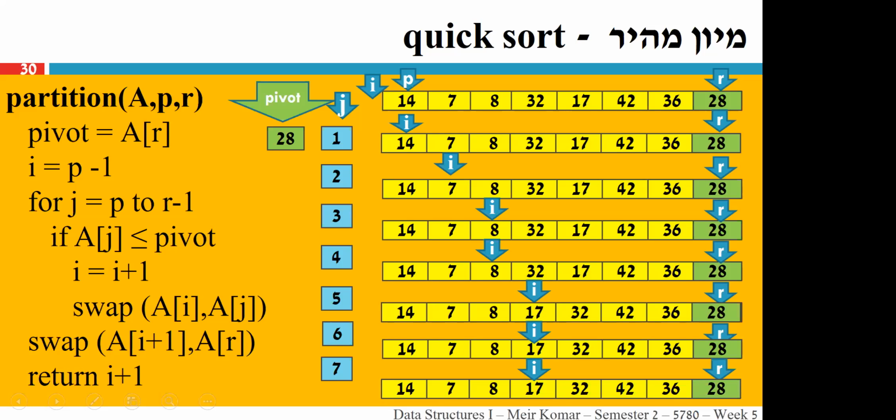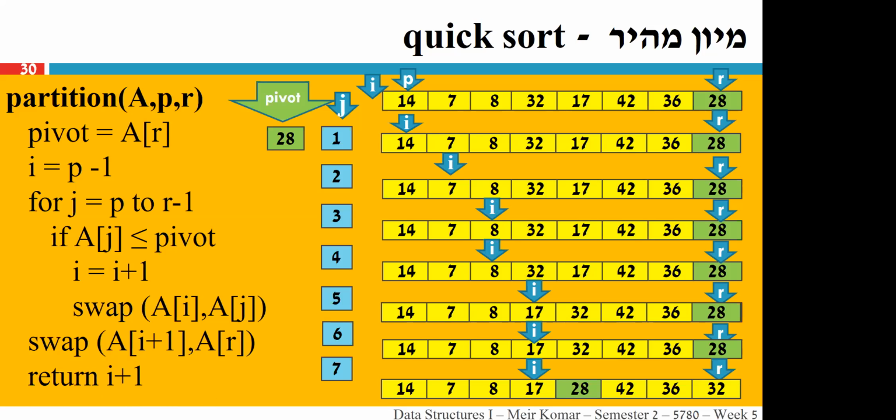All the values up to and including the 17 are less than my pivot value. So I want to put in the I plus 1 place here, swap these two. Put the 28 here, and the 32 will go to the end here.